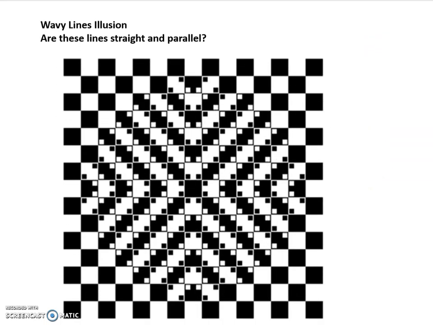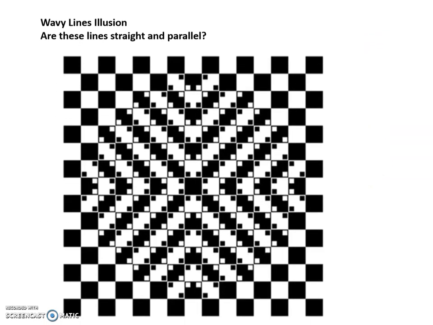Or here, what you see is that the lines are perceived as being not straight and not parallel either. They seem to bulge out in the center right here and then get skinnier as we go off to the sides. Now that's not true. You can prove it. You can put a ruler on there and demonstrate that these lines actually are straight and completely parallel to one another.